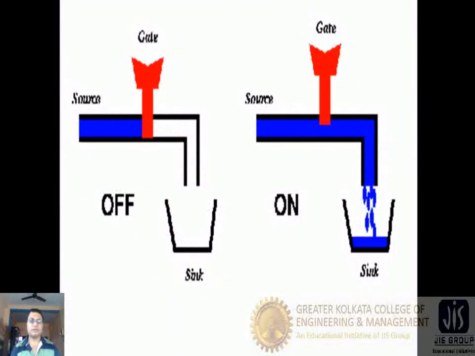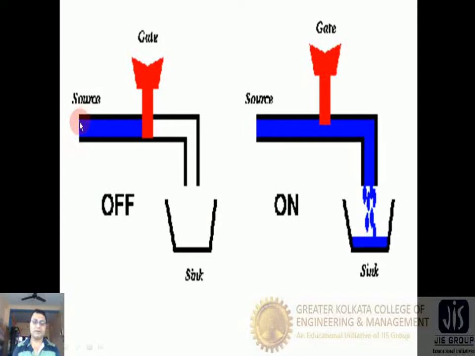So here we take an analogy of the transistor. The transistor is a three-terminal device: emitter, base and collector. The base is the control terminal of the transistor. Here we can see a tap. The tap is quite similar to the transistor.